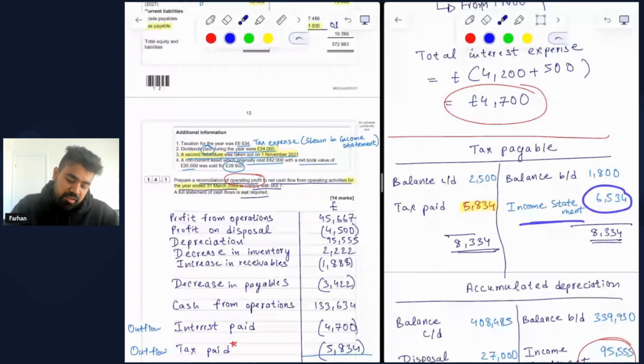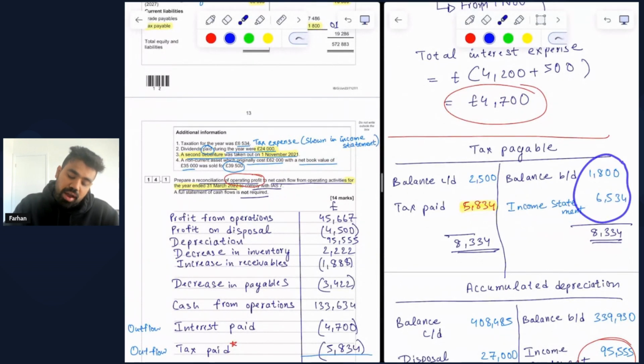The amount that has actually been paid for tax, which obviously has been paid using cash, is something that we had to derive ourselves. So what we did was first find the total on the heavier side, which was to add everything on the credit side: the opening balance of £1,800 with the expense of £6,534 given to us for the year, and we arrive at £8,334, which must be the balance on the debit side as well.